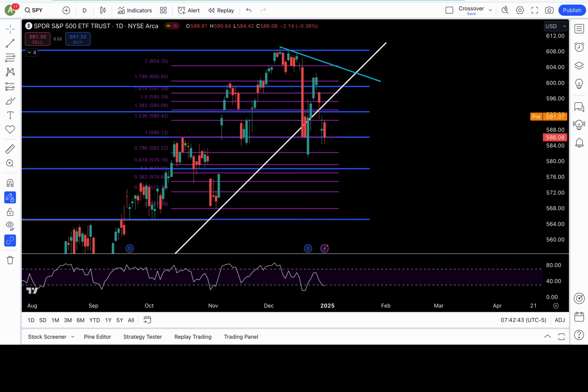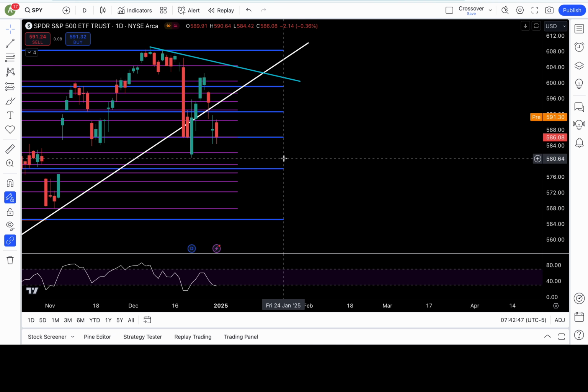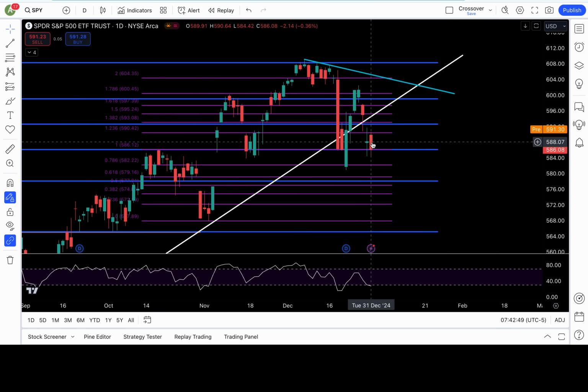Now, as far as the plan for today, we have to go to the daily chart for that. You can see on the daily chart that we have an inside candle setup. What does an inside candle setup mean? It means there is chop. How do you trade chop? You identify the chop range and you wait for the break of that chop range.